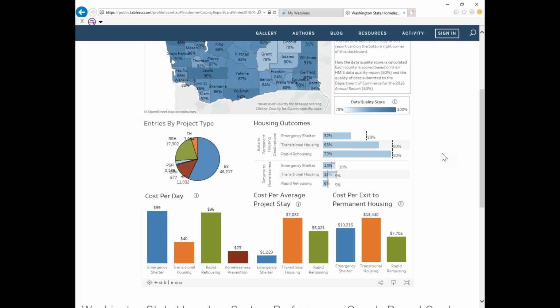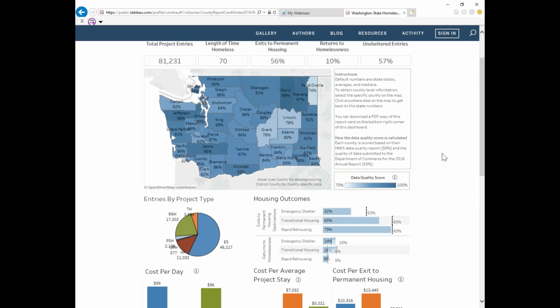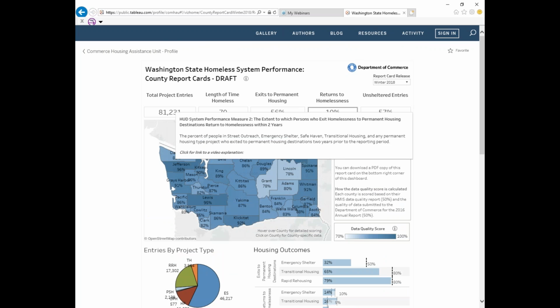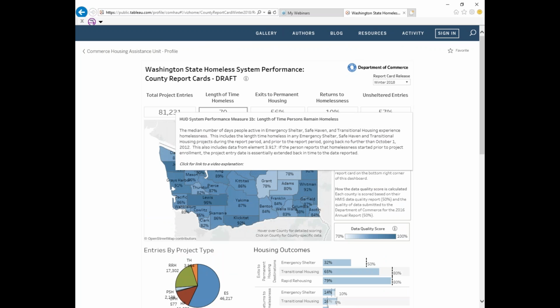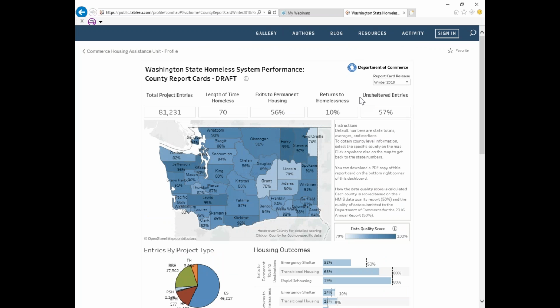So my hope is that the quarterly dashboards will also give you information about these performance measures and maybe a variation of the unsheltered entries. Like we could look at the current entries, who was coming from a place not meant for habitation.